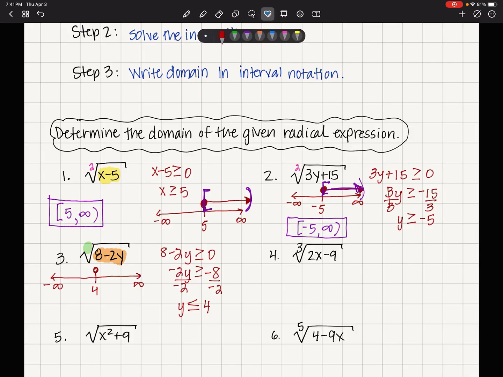Equal to is going to be a closed dot, but less than is going to go towards negative infinity. So I have a parenthesis at that arrowhead, and I have a bracket at 4 to include 4. So from the left, negative infinity to positive 4 with a bracket.